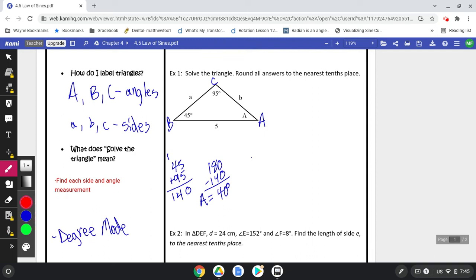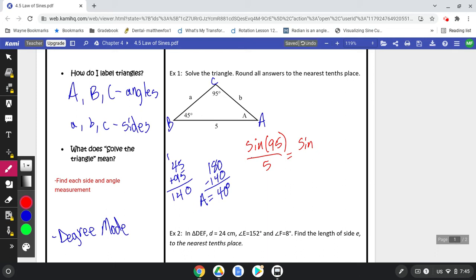So let's start. I'll do this in red so it stands out. We know that the sine of 95 divided by 5, that's for this one, sine of the angle divided by the opposite side, will be equal to the sine of, and it doesn't matter which one we find first.